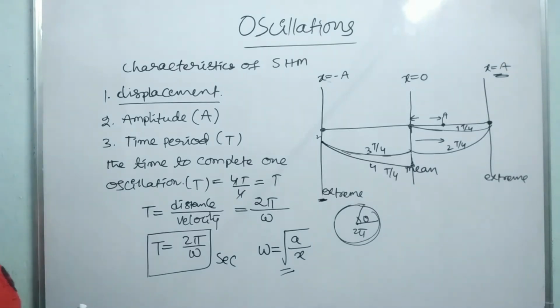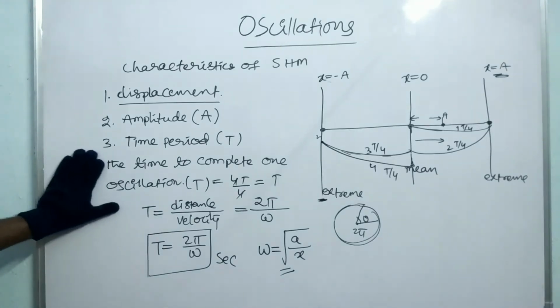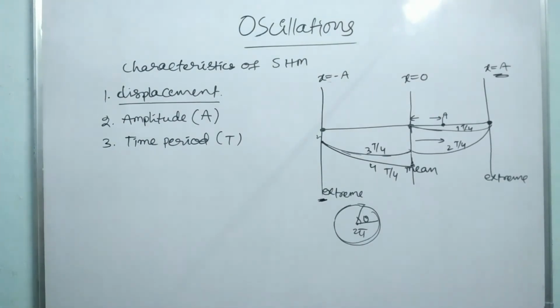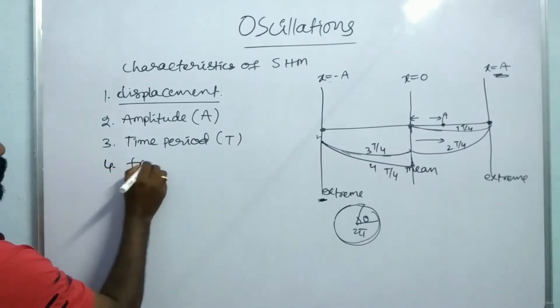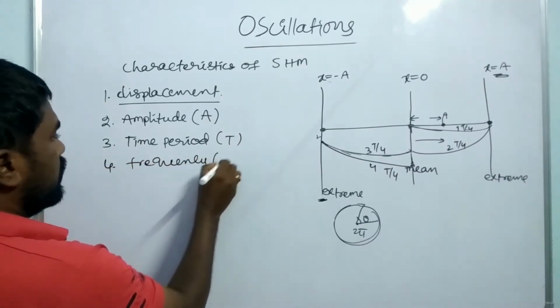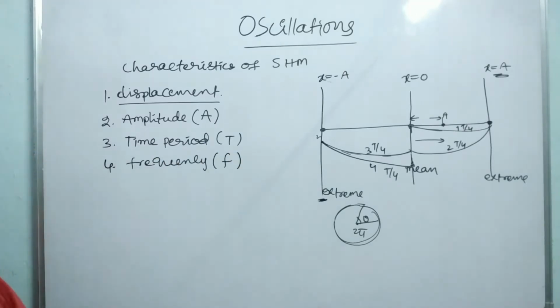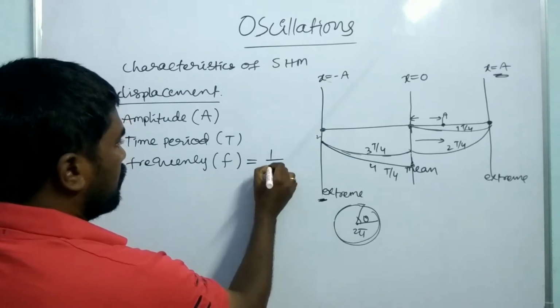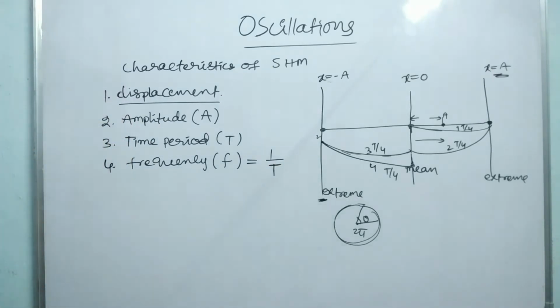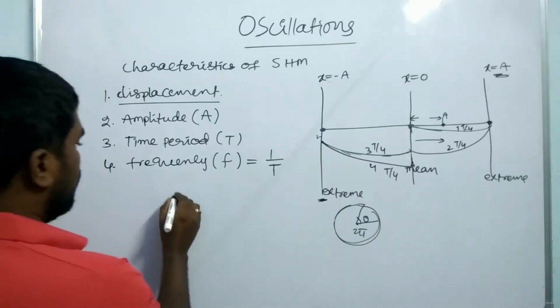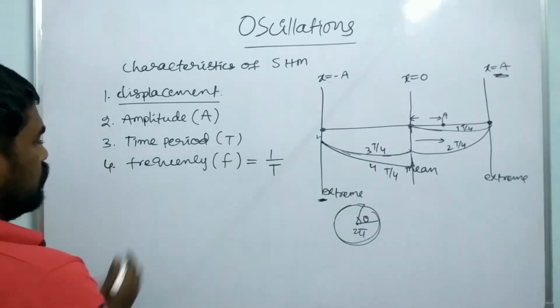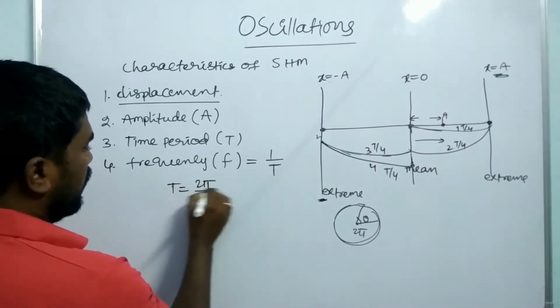So one more important time characteristic is the frequency of the SHM particle, denoted by the letter F. The frequency is the number of oscillations, the number of complete rotations, per unit time. So F is equal to 1 by T. Already you know that T is equal to 2 pi by omega.